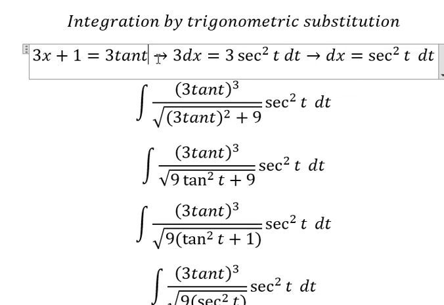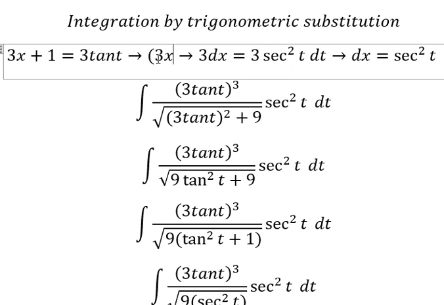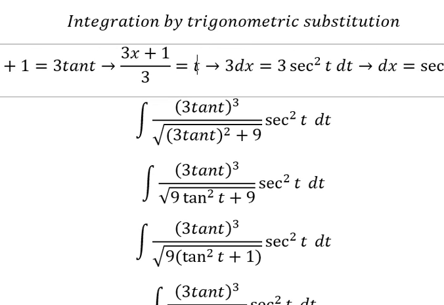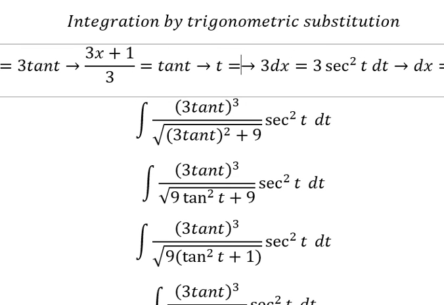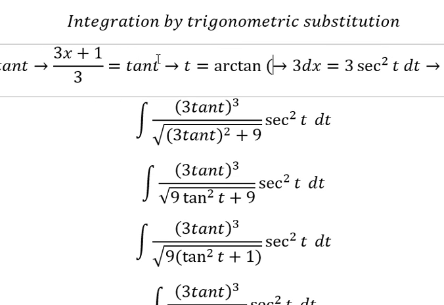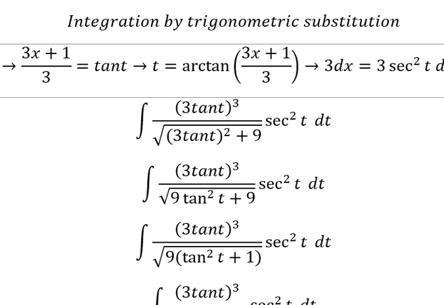So we divide both sides by number 3. And we got t equals arctan of this one. And now we need to change t into this one.